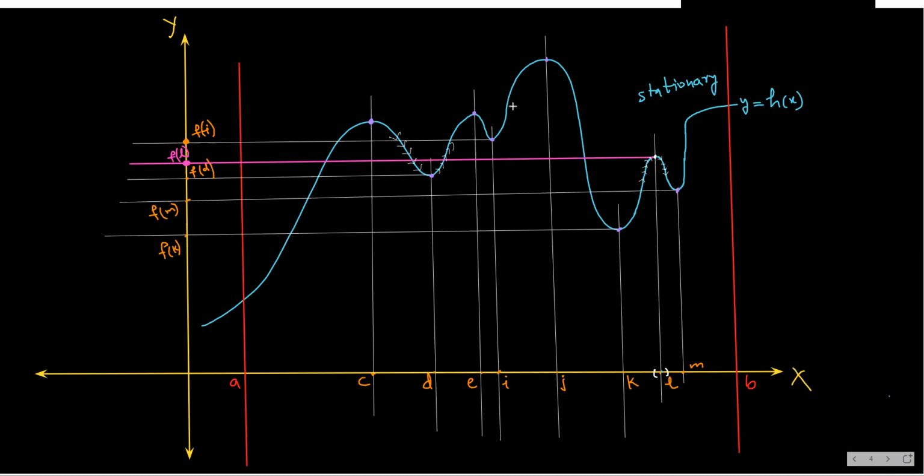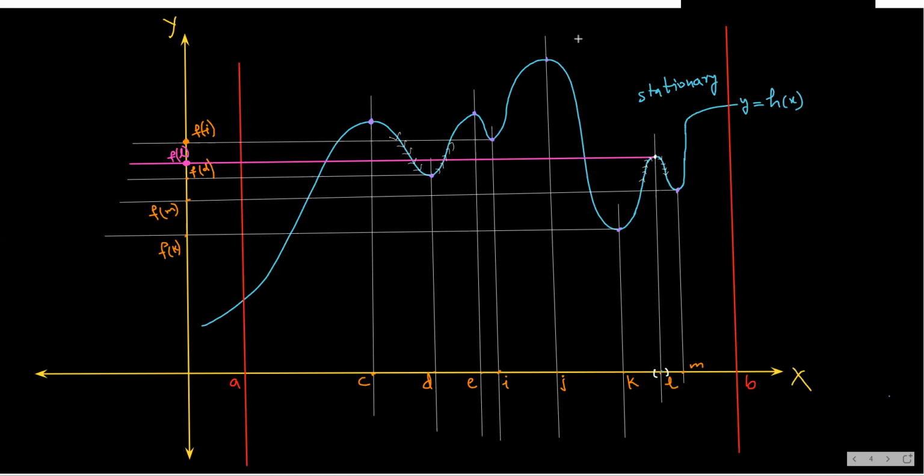All these points, x equals C, D, E on the x-axis, are the turning points where the function is changing its behavior. Like at C, it was increasing before C, but after C, it started decreasing. So C is the turning point. D is the turning point because before D, it was decreasing and then started increasing.